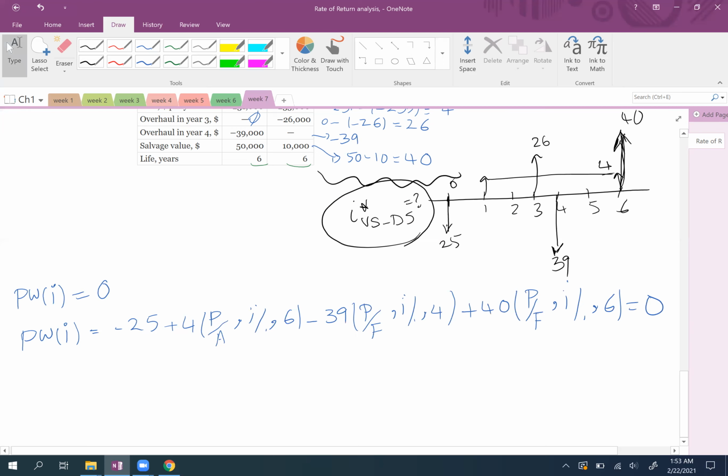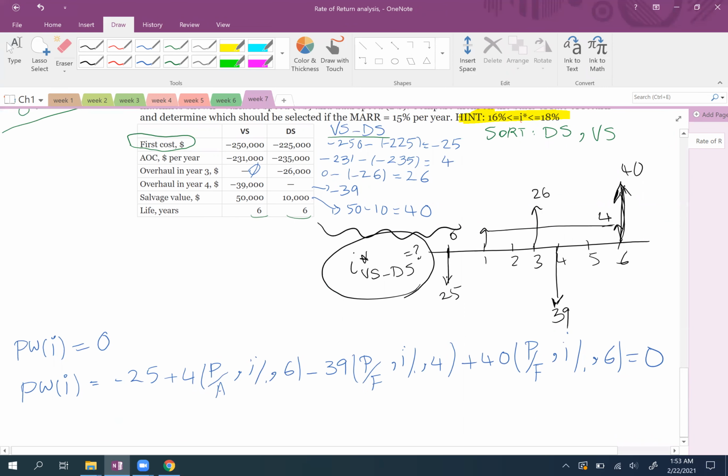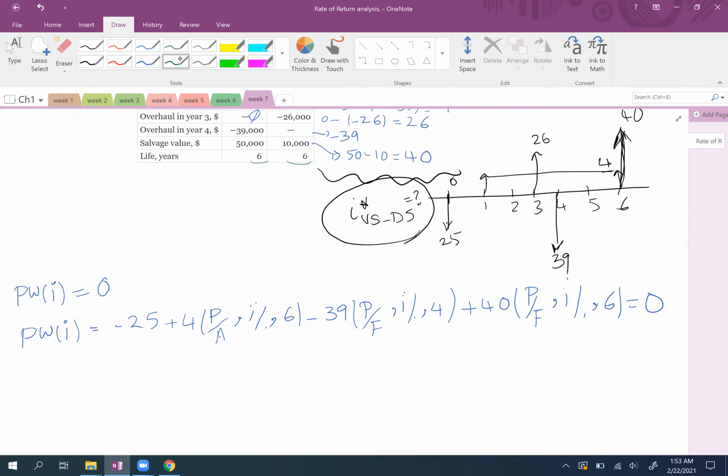The problem has created a hint for us, and it says I will be something between 16 to 18%. So if you recall from the previous chapter, when we have a hint, you have to calculate present worth when I is equal to 16%, then calculate present worth when I is equal to 18%, find the present worth, and just do the interpolation and come up with the answer.